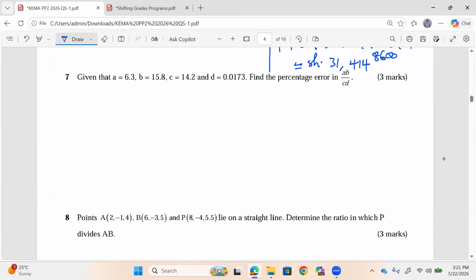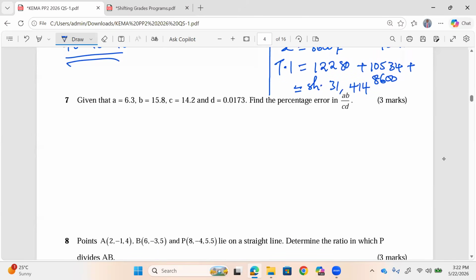In number 7, given that A equals 6.3, B equals 15.8, C equals 14.2, and D equals 0.0173, find the percentage error in AB out of CD. Percentage error requires a procedural approach.